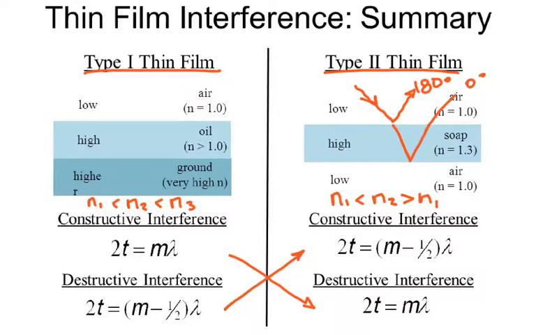So if you want constructive interference, you have to make this length half a wavelength longer, so when it reflects without the 180 degree shift, it matches the one from the first surface reflection, and those two waves will give you constructive interference.